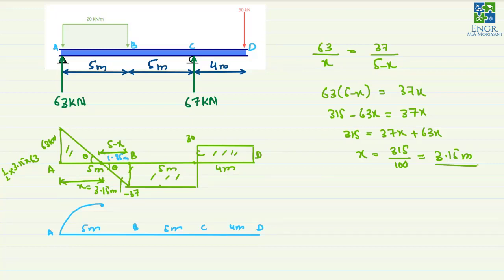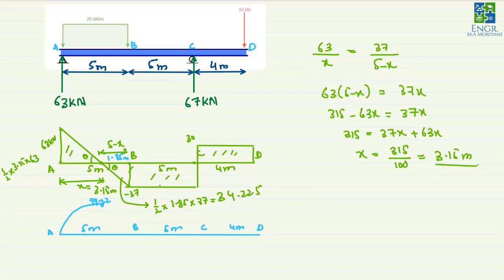So this area up to this point B is half into base, which is 1.85, into altitude, which is 37. So this is 0.5 into 1.85 into 37. The answer should be 34.225.